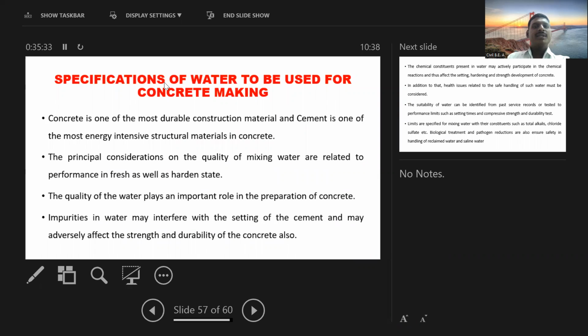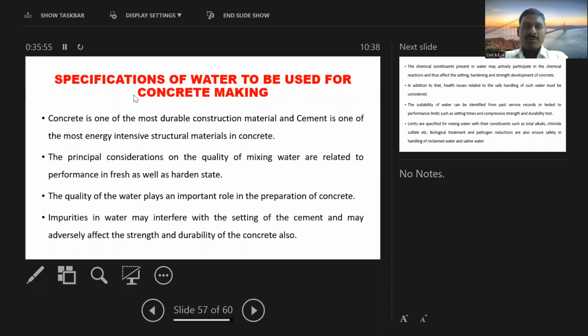So now we have seen the bulk density of the aggregate, then moisture present in the aggregate, and then the elongation and flakiness of the aggregate. So now we will go to the fourth ingredient of the concrete, which is water. As we have discussed, what is concrete?